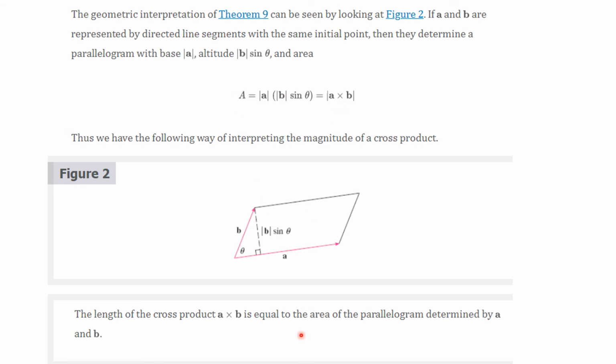And so the length of the cross product A cross B is equal to the area of the parallelogram formed by putting A and B emanating from the same place and constructing the parallelogram associated with that arrangement of the vectors.